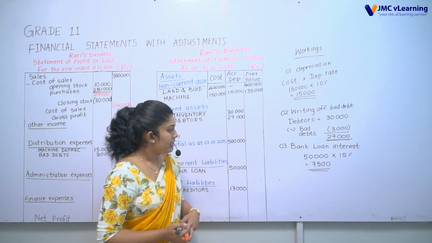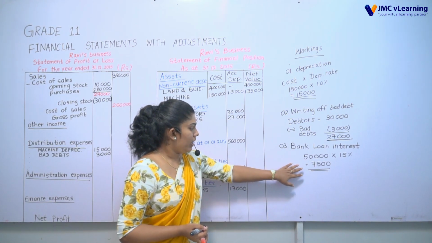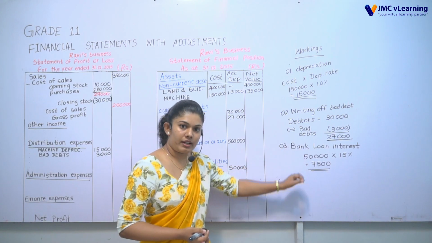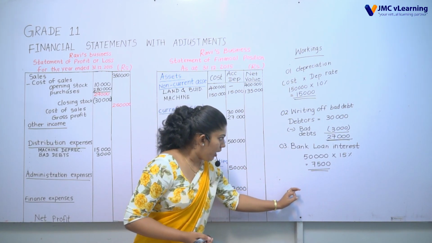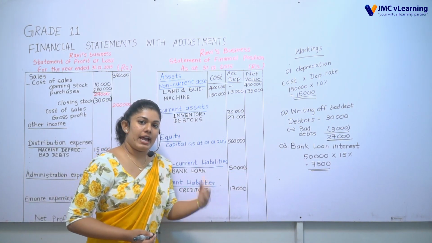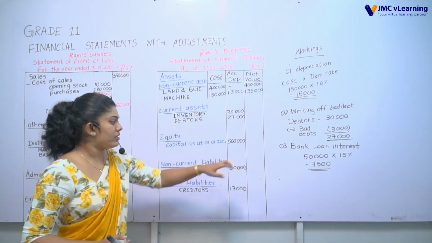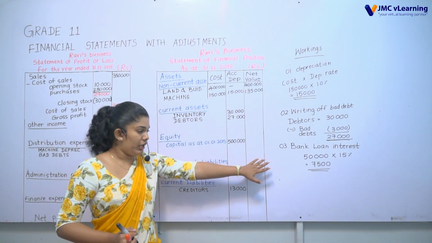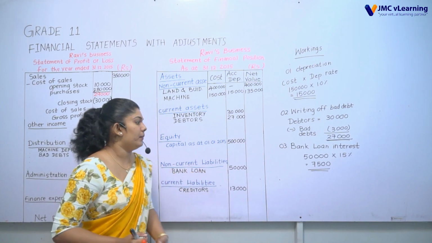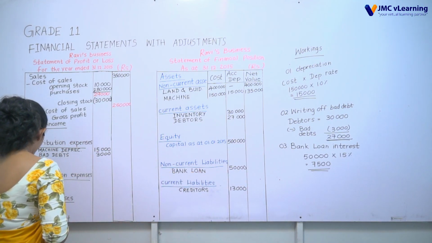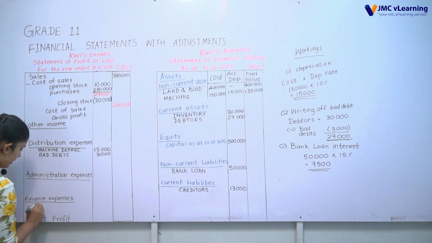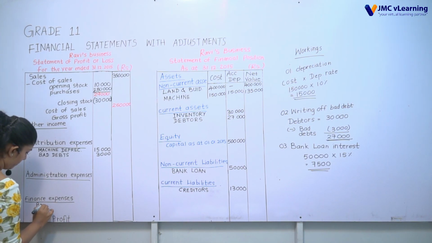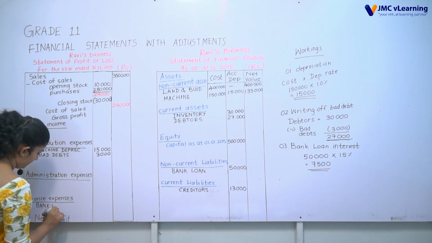The answer is 7,500. Therefore, you can record this directly to our finance expenses as bank loan interest, because this 7,500 we have to pay during the year. 7,500 under finance expenses, bank loan interest.